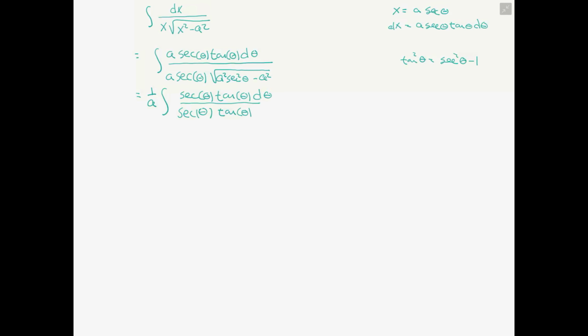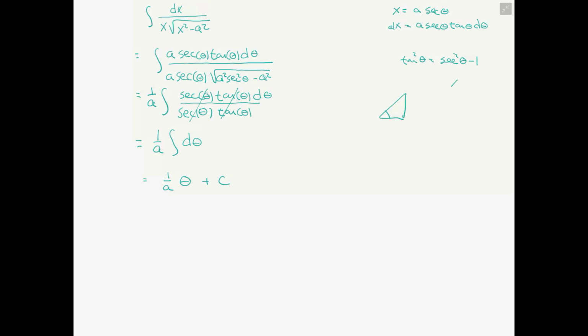Since we already pulled the a out, we've got tangent theta and these cancel. And all we have is then 1 over a d theta. And that gives us 1 over a theta plus a constant.